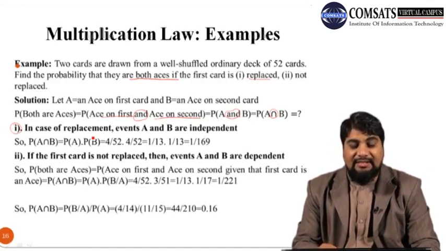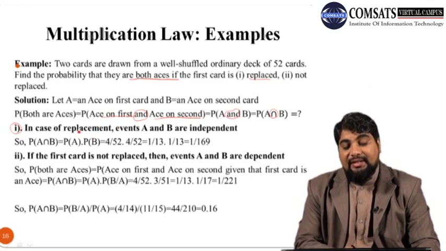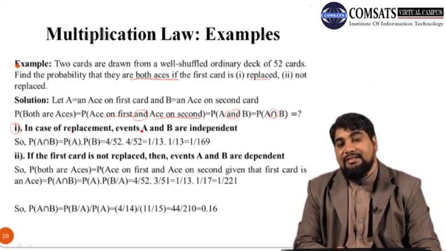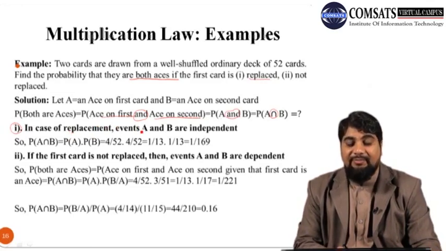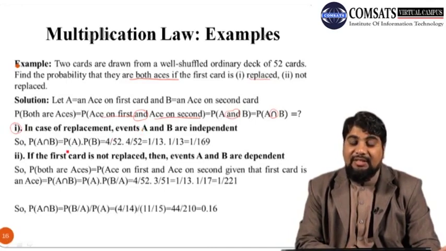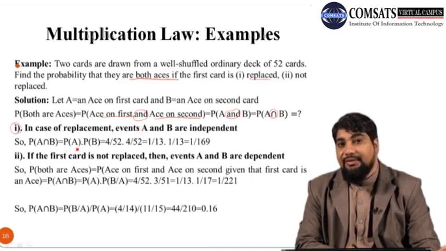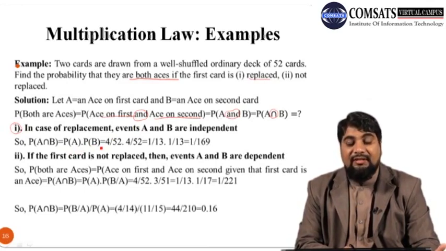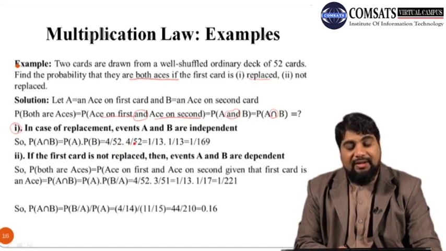But since we are considering the case when the card is replaced, we can say that both events are independent. So A intersection B is the product of the individual probabilities, probability of A times probability of B. Since there are 4 aces, the probability of A is 4 out of 52, and similarly the probability of B is 4 out of 52.